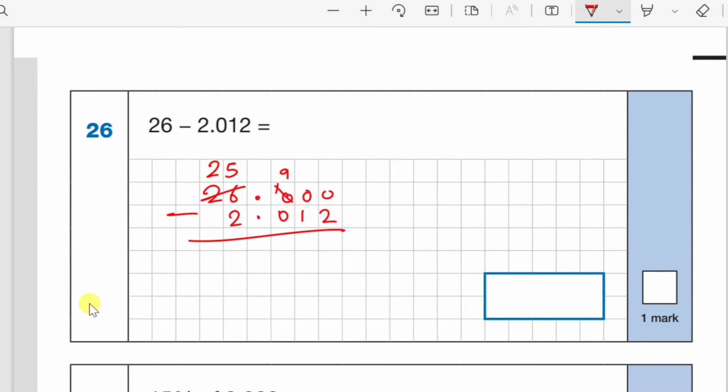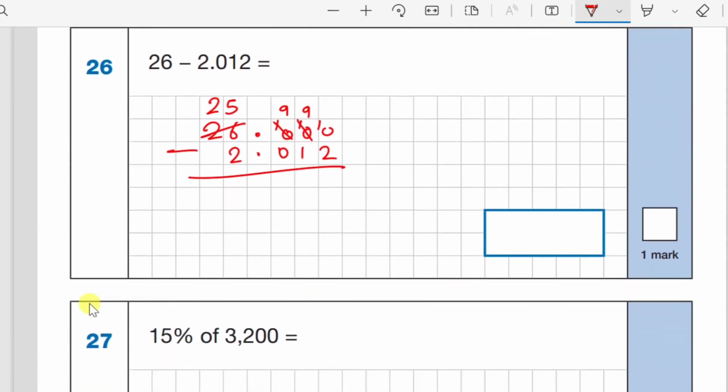Borrow from the 10 becomes a 9, give it 1. Borrow from the 10 makes it a 9, give it 1. So looking at all of this, we now have 10 take away 2, which is 8. 9 take away 1 is also 8, just like another one. And 9 take away 0 is 9. Whew, I almost messed up there. Now, last one, 25 take away 2 is 23. And then we got an answer, which is 23.988. Good.